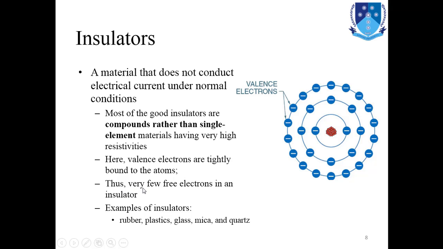Thus, we have very few free electrons in an insulator under normal conditions. Some examples of insulators include rubber, plastic, glass, mica, and quartz.